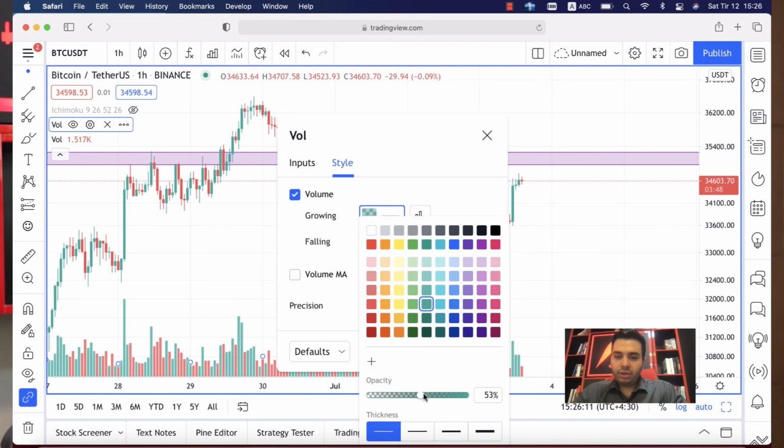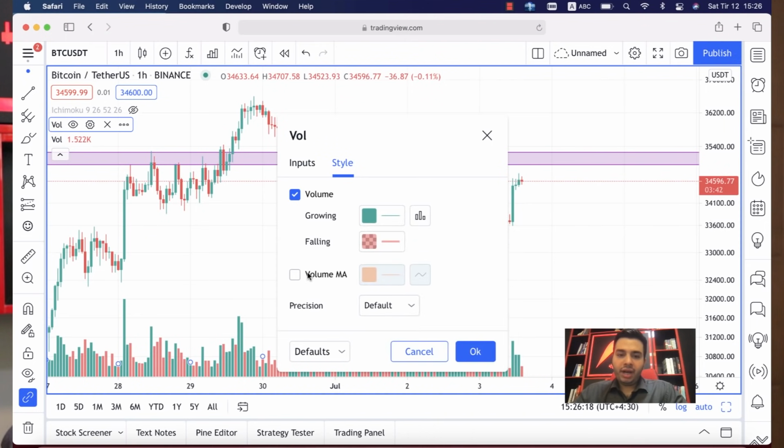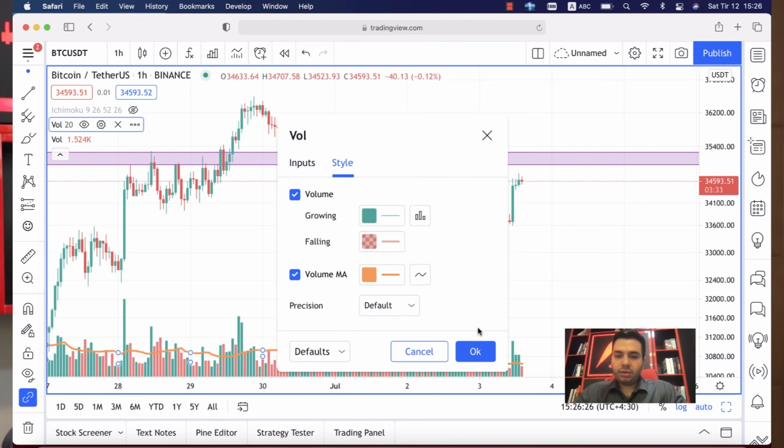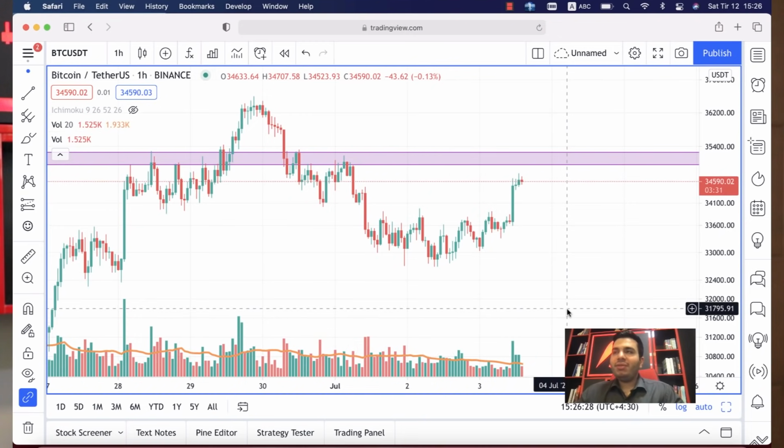I'm going to increase the opacity of greens and reds. I'm going to use a moving average on my volume. 20 is good. As you can see, we have a volume here. You can use the volume indicator in different ways, and I'm going to talk about the best in this video.